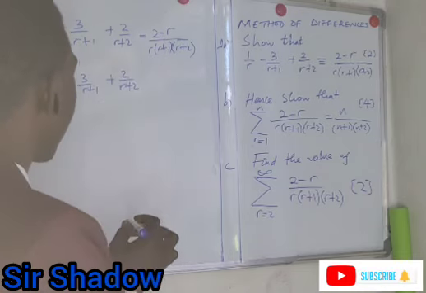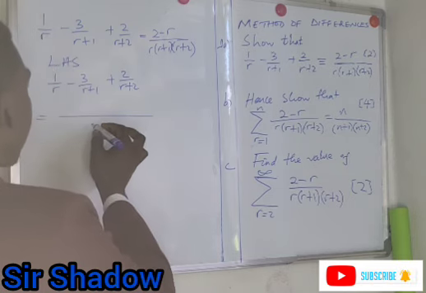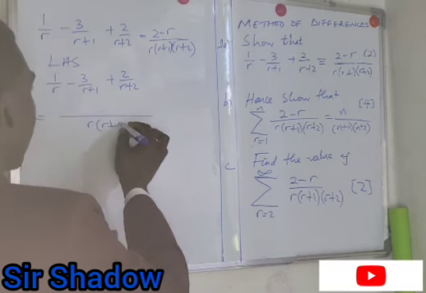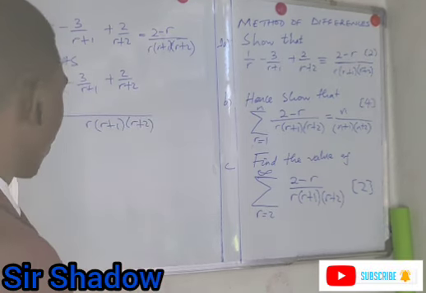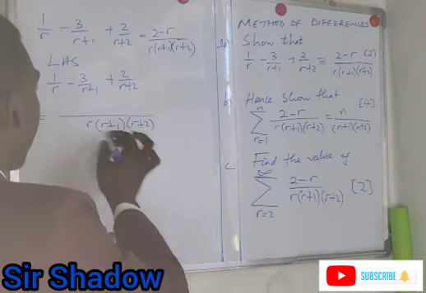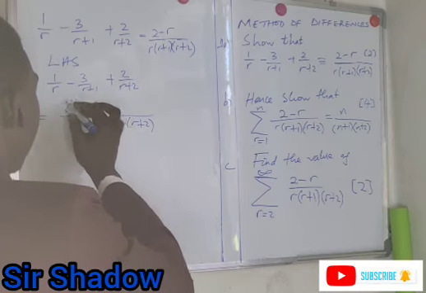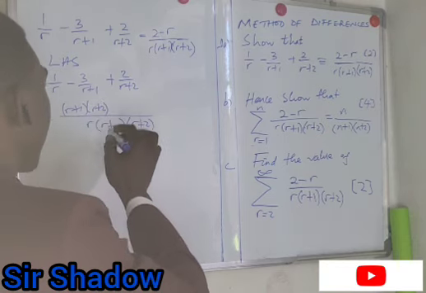Finding the lowest common denominator, it becomes r open bracket r plus 1, r plus 2, right? So r into r open bracket r plus 1, r plus 2, and you're left with r plus 1 and r plus 2 multiplied by the numerator, and it becomes r plus 1, r plus 2.